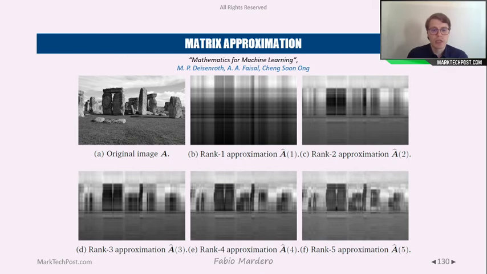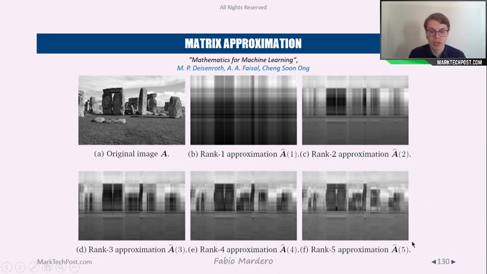In this slide we can see what it means to approximate the matrix. If we take a rank 1 approximation, so we are using the greatest singular value, we get those results. But just taking 5 singular values, we get an image that is pretty close to the original one.